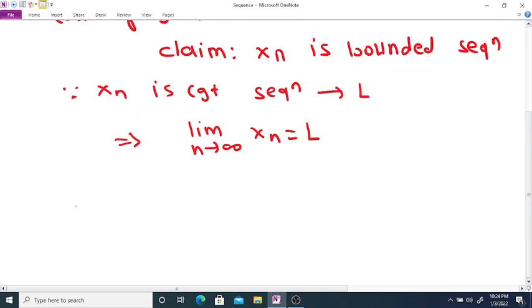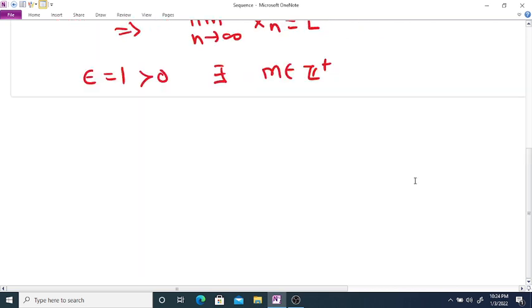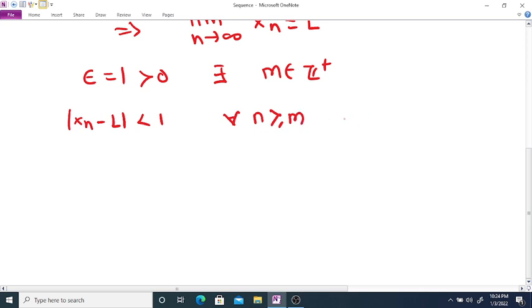So from the definition of limit, if we take any epsilon greater than 0, there exists a positive integer m such that, here we take epsilon equal to 1, for this epsilon, |xn minus L| is less than 1 for every n greater than or equal to m. Say this is equation number 1.